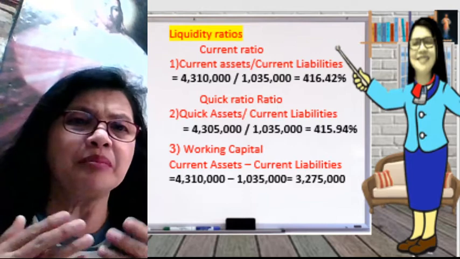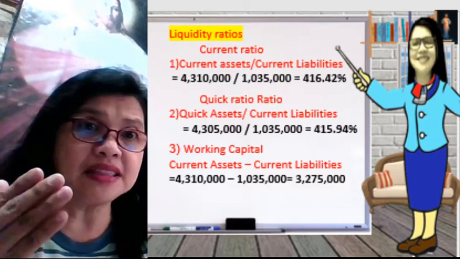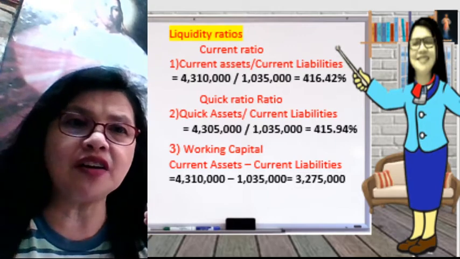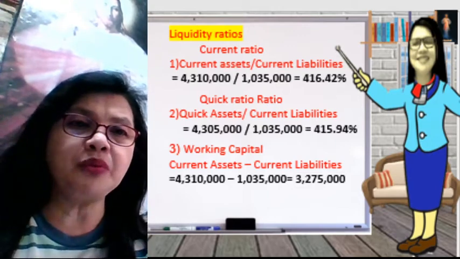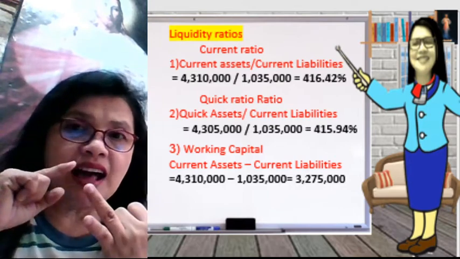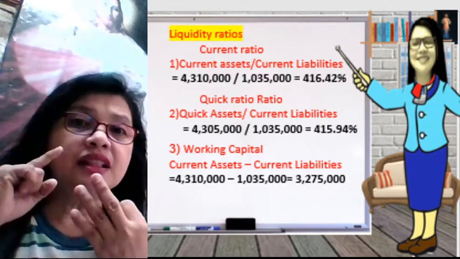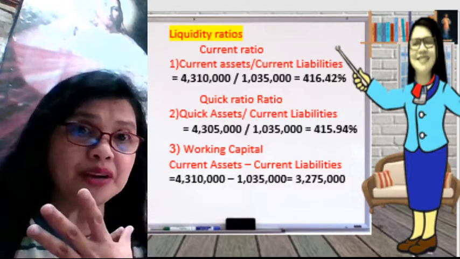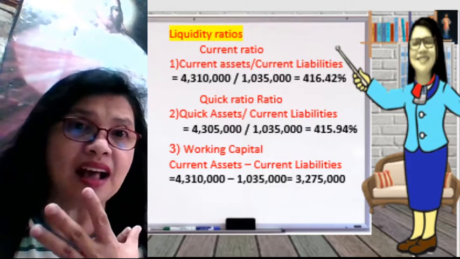The question is, what's the difference between the current assets and the quick assets? When we speak of current assets, we include the cash, the accounts receivable, marketable securities, inventories, and other prepayments, or prepaid assets.